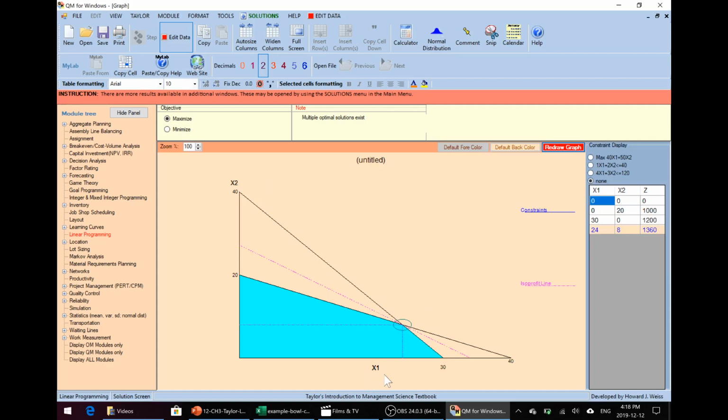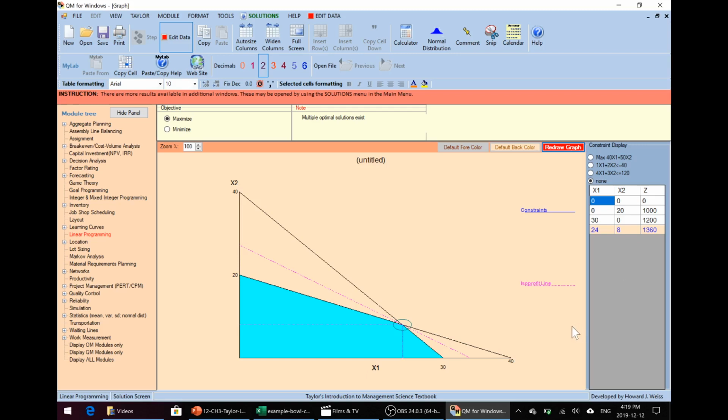We have x1 and x2, and we can see this is the feasible region given in what we call aqua color or something like that. And we can see there are 4 corner points: 0 0, where z is 0; 0 20, where z is 1000; 30 0, where z is 1200; and finally the 24 and 8 corner point, where we have 1360.